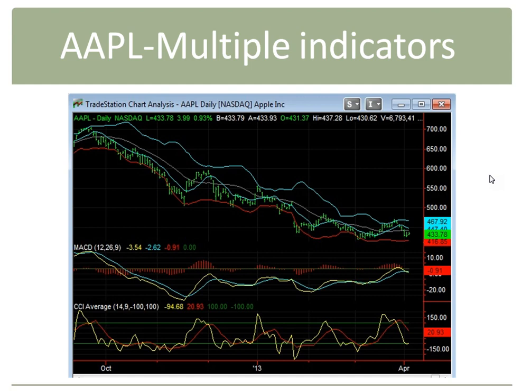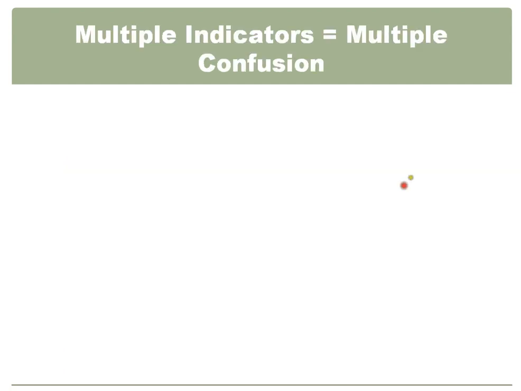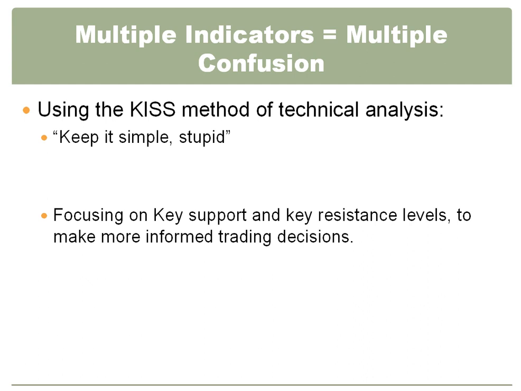And if you make a bad trade, at least it's something you planned on, and you acted on a plan. A bad plan is better than no plan at all. So basically, bottom line, all of these indicators can lead to analysis paralysis, confusion. It's making a simple thing more complicated.